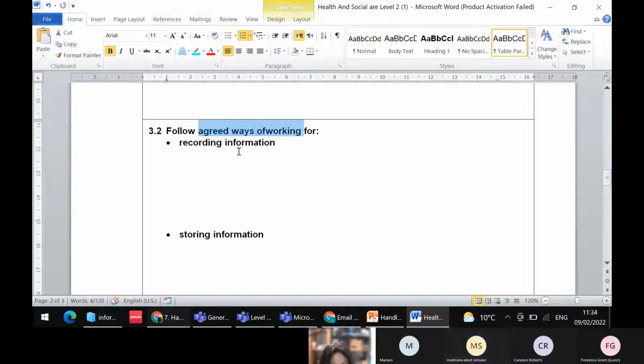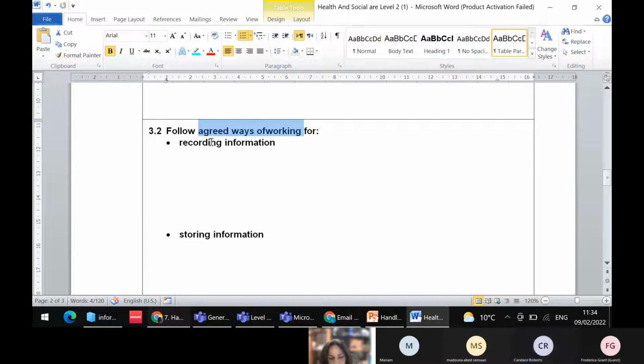No, just this one. What are the agreed ways of working for any organization? Keep them safe and secure. So lock them away, put them in a safe place. Oh no, recording information. So making sure that they're accurate, up to date, signed. Yeah, that's good.